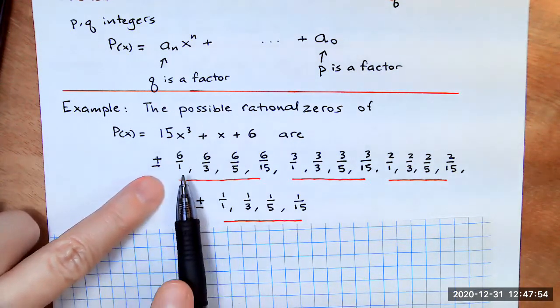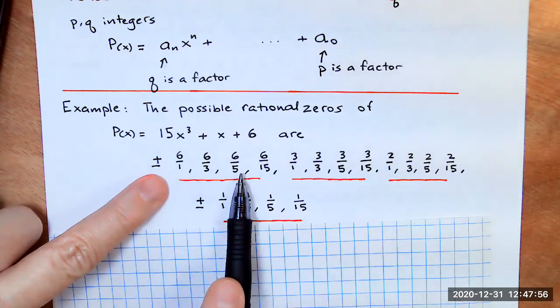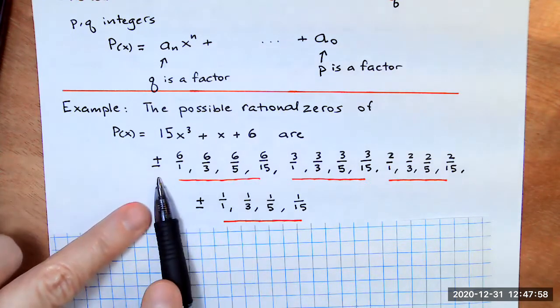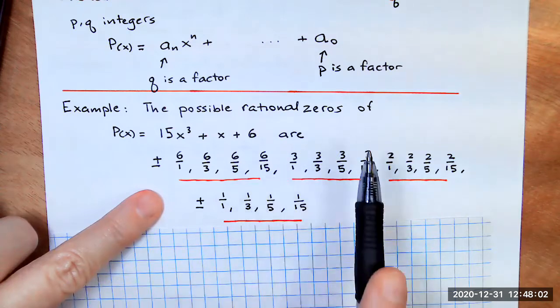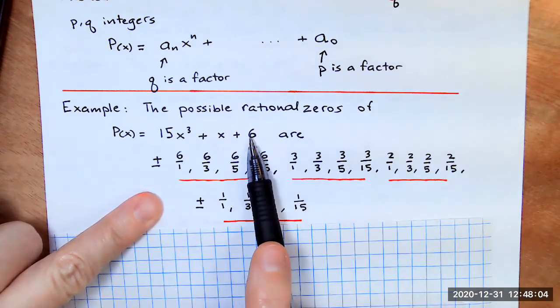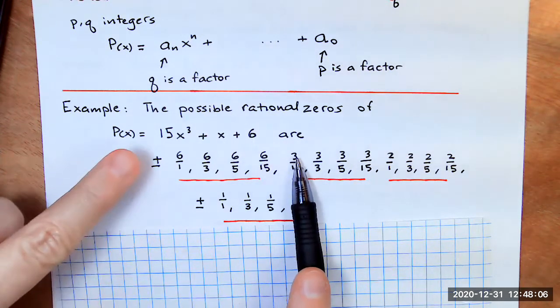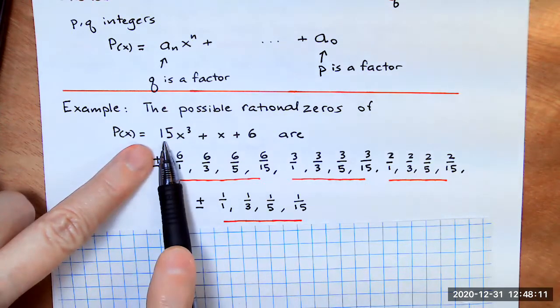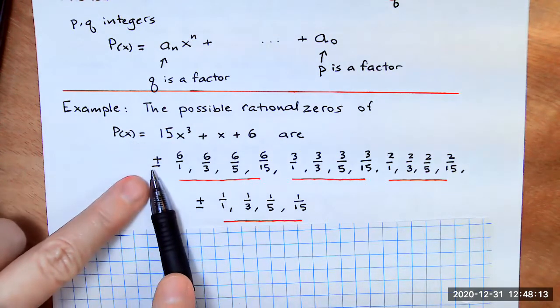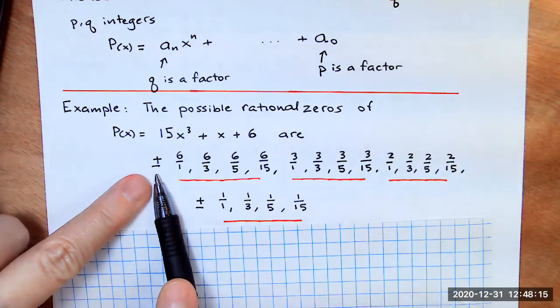What goes into 15? 1, 3, 5, and 15. So all 8 of these are possible rational zeros. And then 3 goes into 6. So we have to divide 3 by every possible factor that goes into 15. So that's another 8 because it's plus or minus.